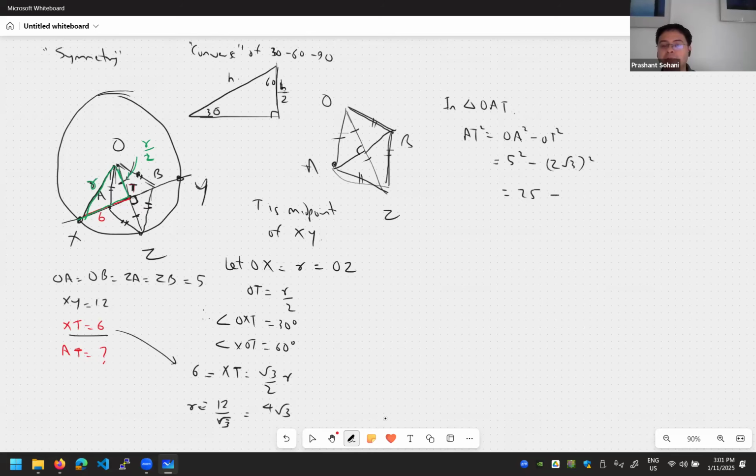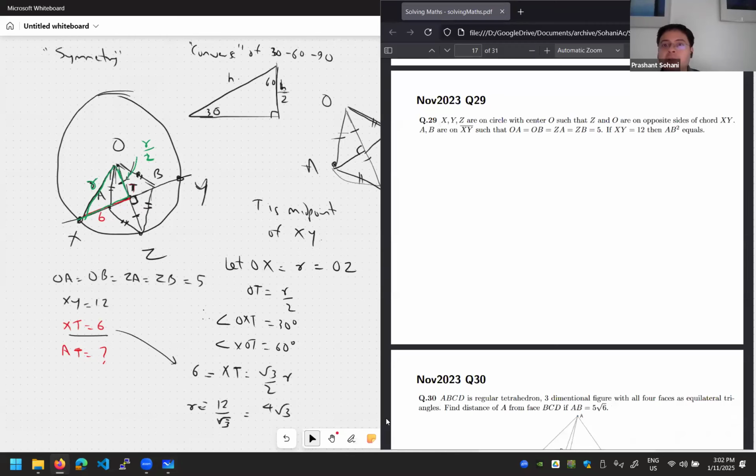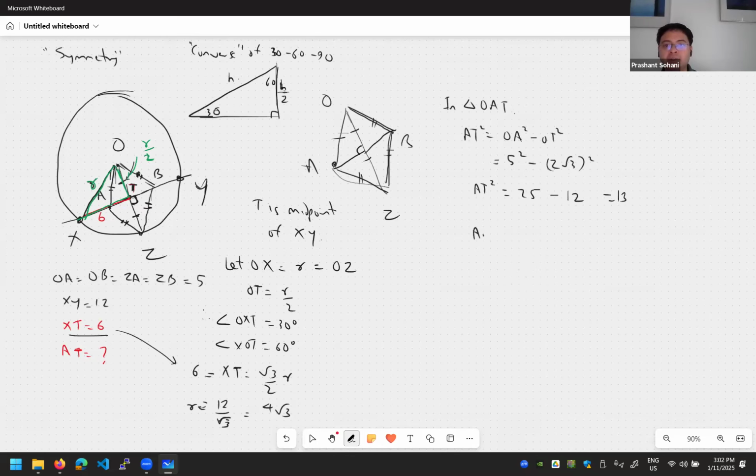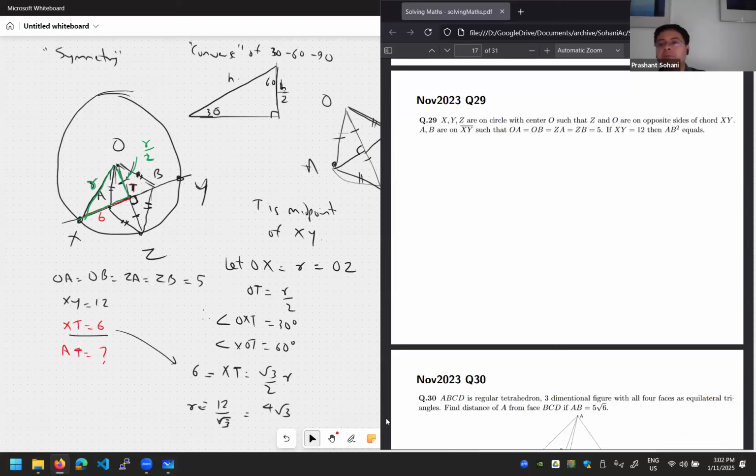So therefore I'm getting AT square is 13. And what are you supposed to find? AB square. AB square will be simply 4 times AT square. Yes, the answer is 52. Correct.